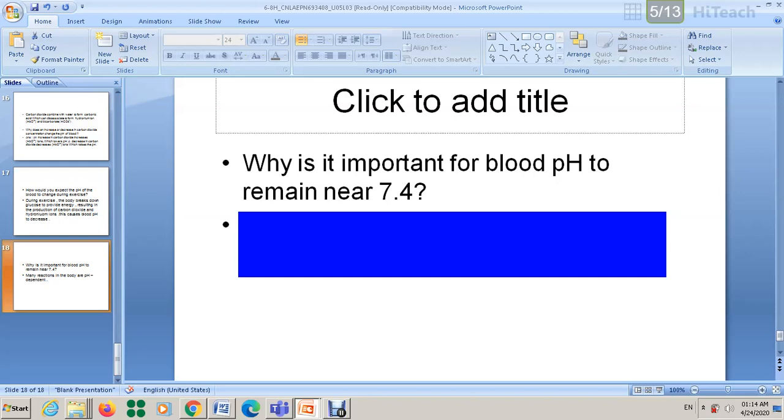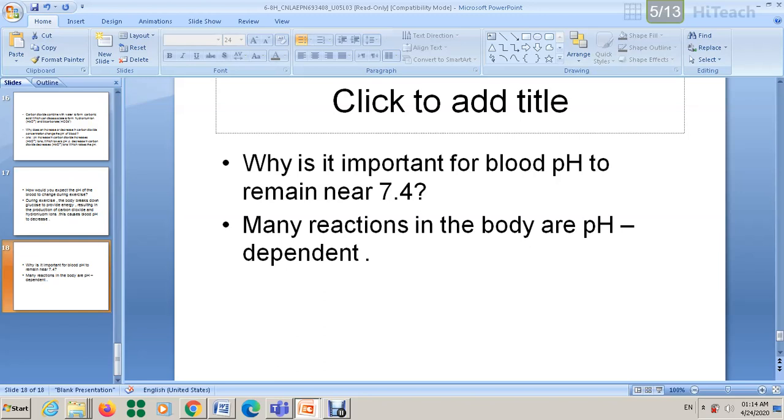So the answer for this one, when you keep the normal or correct pH, why? Because many reactions in the body are pH dependent. Yani, if the pH is different, the reactions inside our body will not be able to perform or start. Got it? It will affect these reactions.